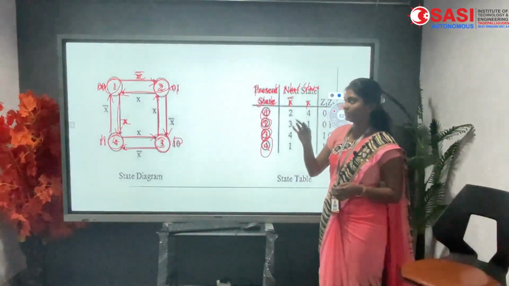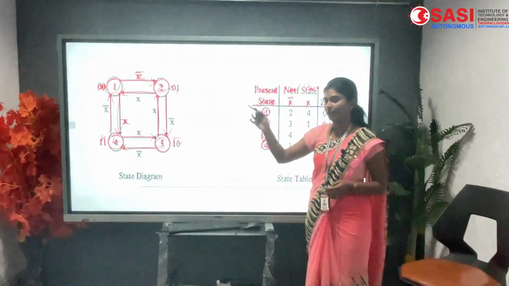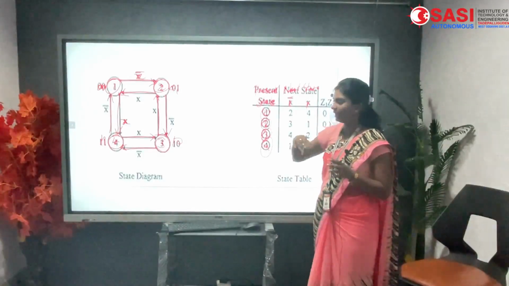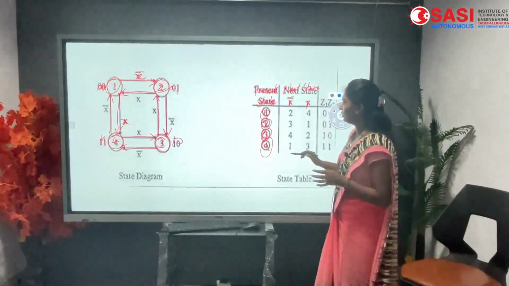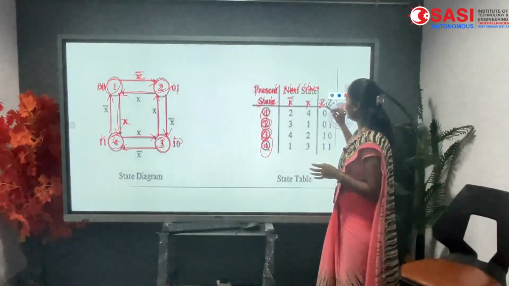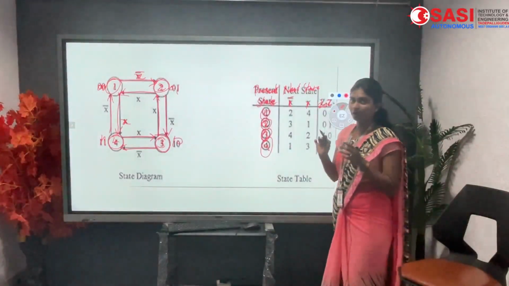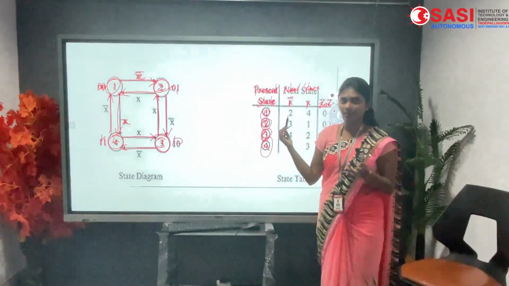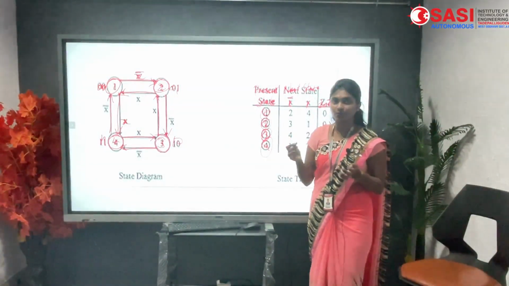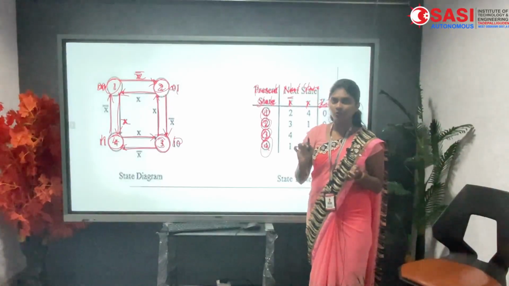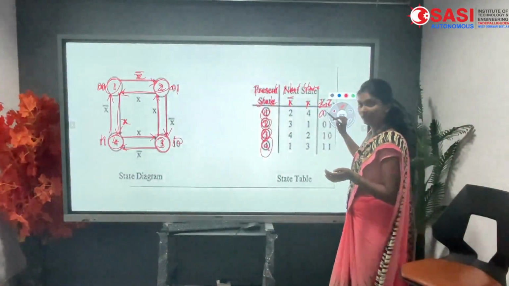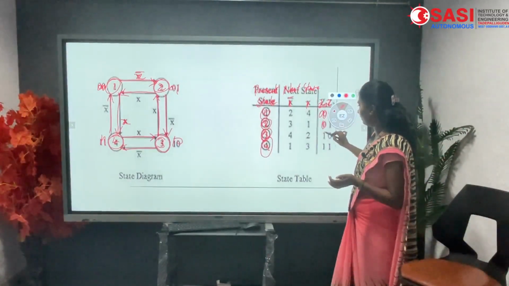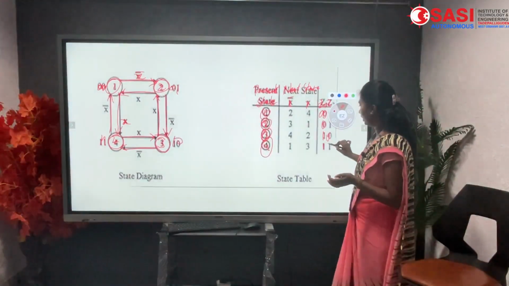X bar is the starting state with its next state, and x is the continuation of the starting node. Next, Z1 and Z2 are taken as examples which define the decision values, and we directly write these values 0,0, 0,1, 1,0, 1,1.